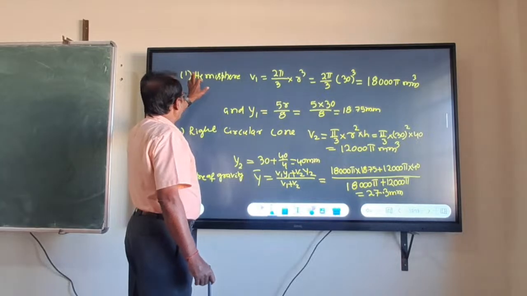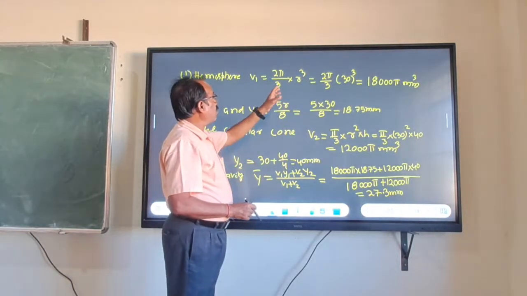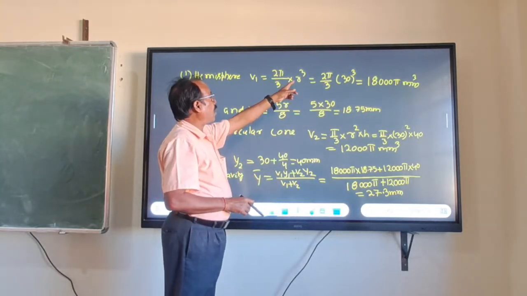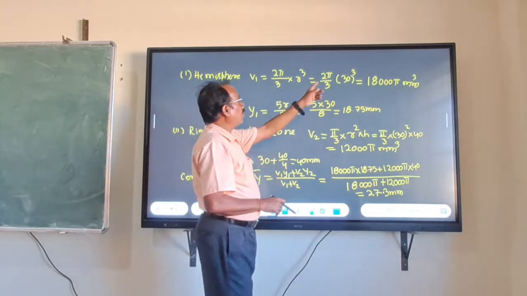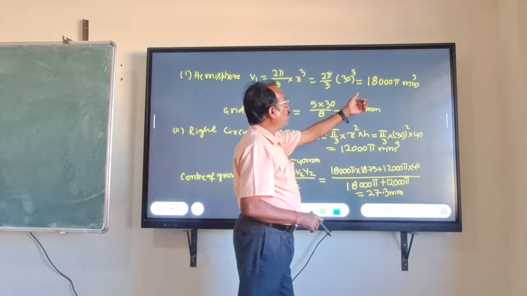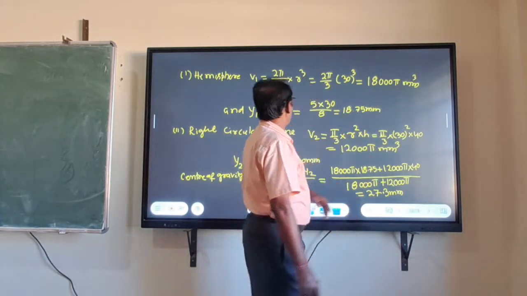The hemisphere volume V1 is equal to, we should remember all these formulas, 2 pi by 3 into R cube is equal to 2 pi by 3 into 30 cube is equal to 180005 mm cube.